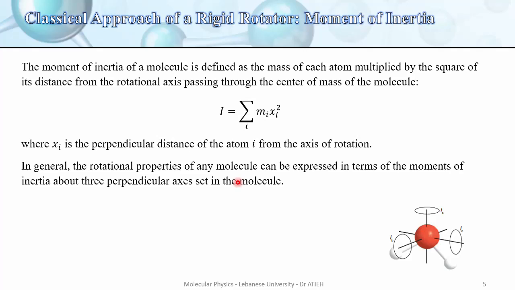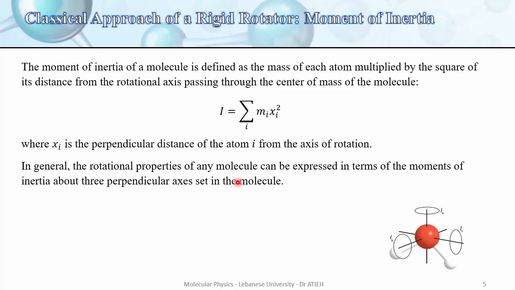To study rotation of this molecule about a certain axis of rotation, we have to find its moment of inertia, because to find the energy, we have to pass through the moment of inertia first. The energy is related to the distribution of mass around the axis of rotation.